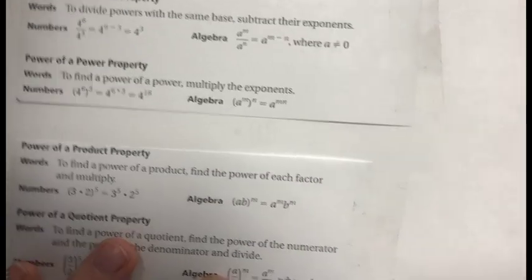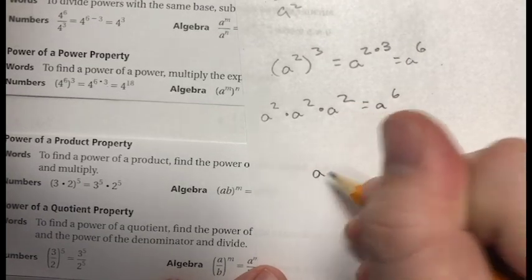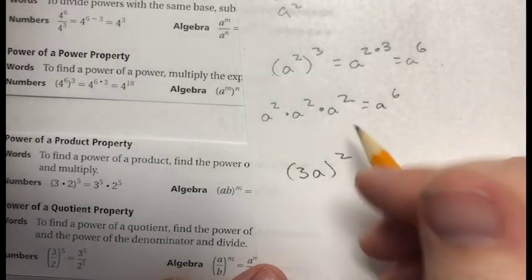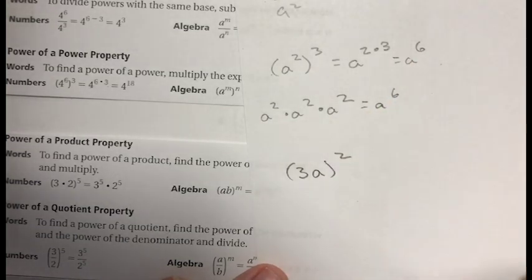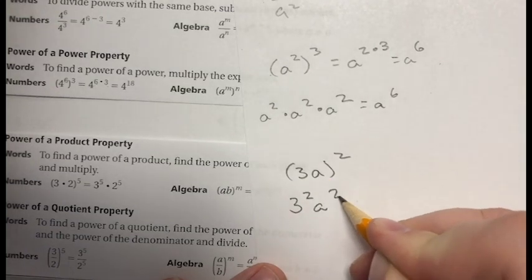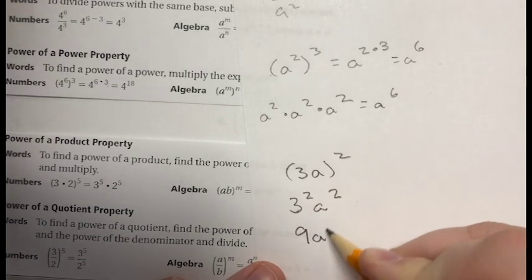Giving another example, let's say 3a, being raised to the 2nd power. I'm using the distributive property, or in this case the power of a product property, and that gives me 3 squared times a squared. Well, we know what 3 squared is. That's going to give me 9a squared.